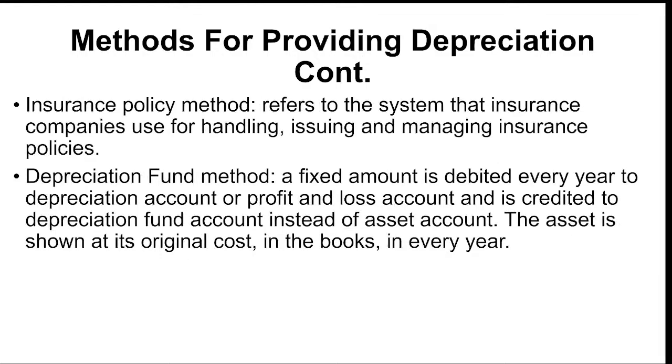The next one is the insurance policy method. This one refers to the system that an insurance company uses for handling, issuing and managing insurance policies. Then the last one is the depreciation fund method. A fixed amount is debited every year to the depreciation account or profit and loss account.